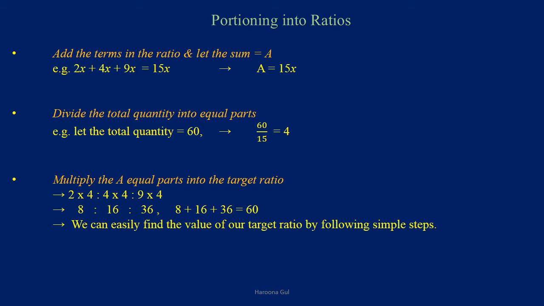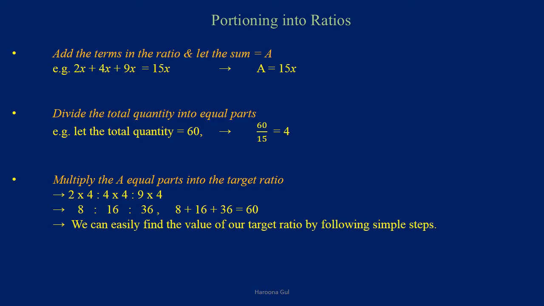Now our second step is to divide the total quantity into equal parts. Let's suppose the quantity is equal to 60, we're going to divide it by 15, right? 15 is the sum of the ratios, and our answer is going to be 4, since 60 divided by 15 is equal to 4. Now, we are supposed to multiply the equal parts into the target ratio.